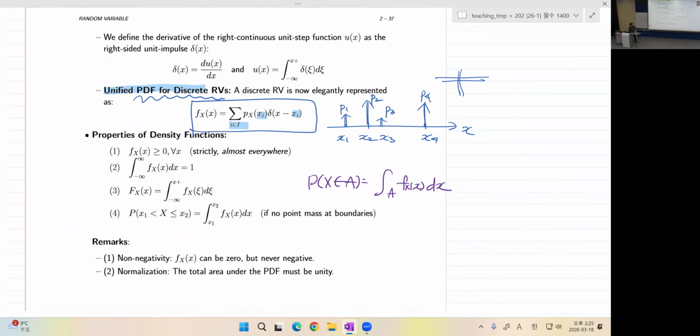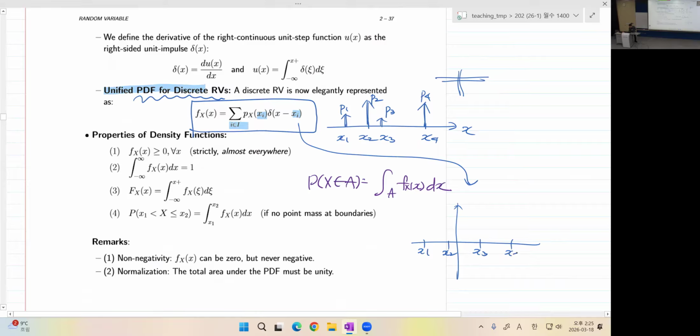Got it? And if you integrate this one to obtain the CDF, what do you have? You have your step function, weighted and monotonically increasing, like this. Okay.